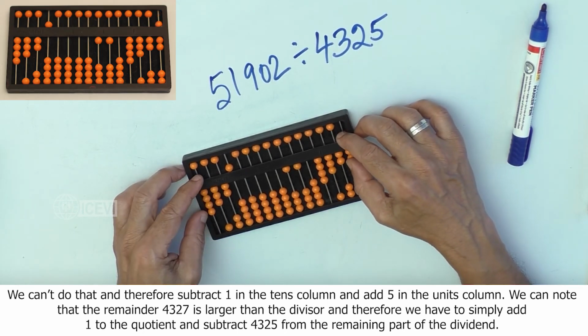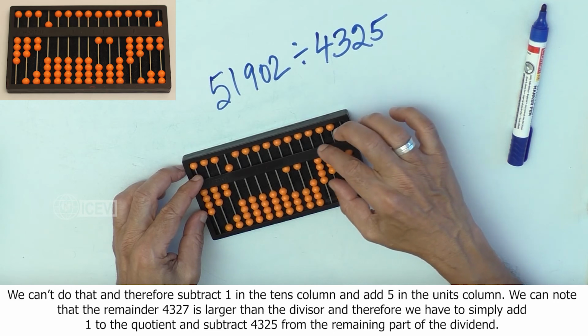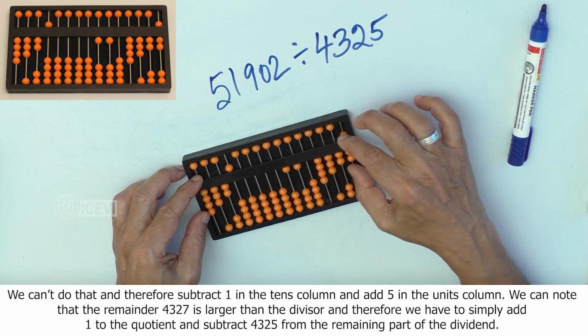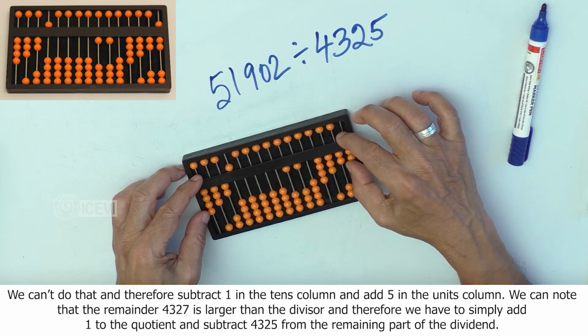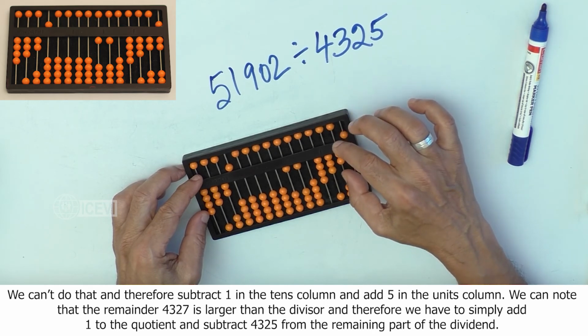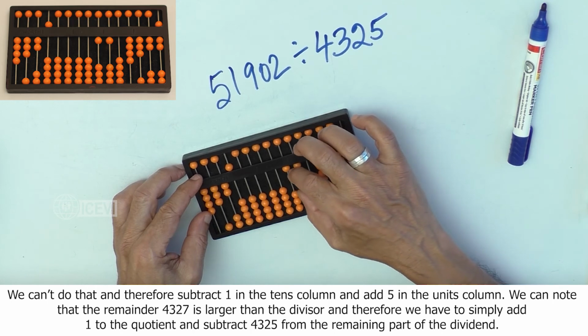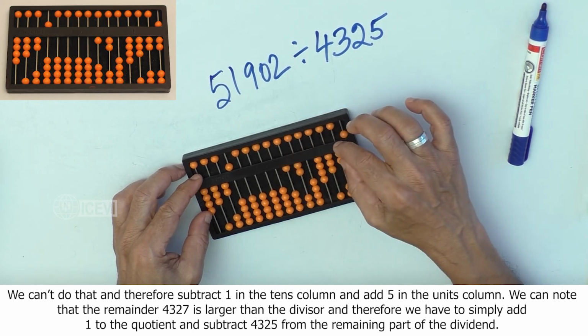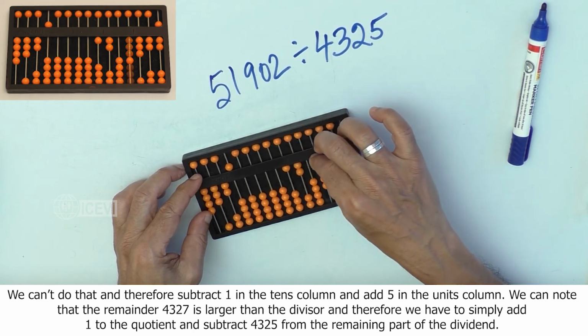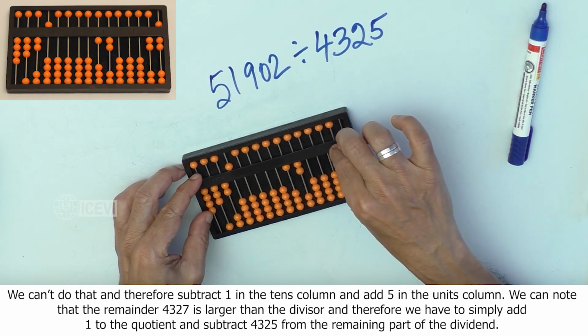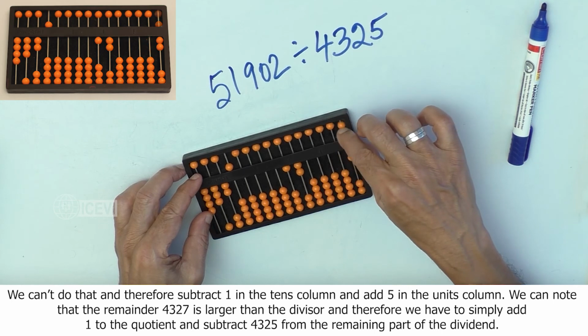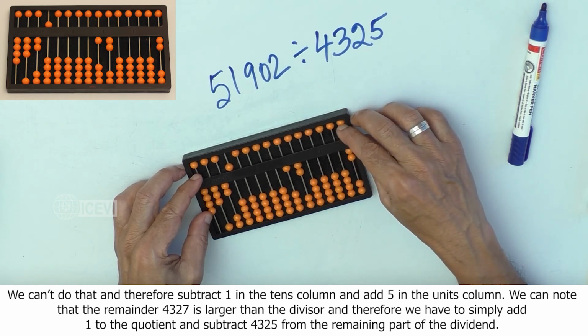We can note that the remainder 4,327 is larger than the divisor, and therefore we have to simply add 1 to the quotient and subtract 4,325 from the remaining part of the dividend.